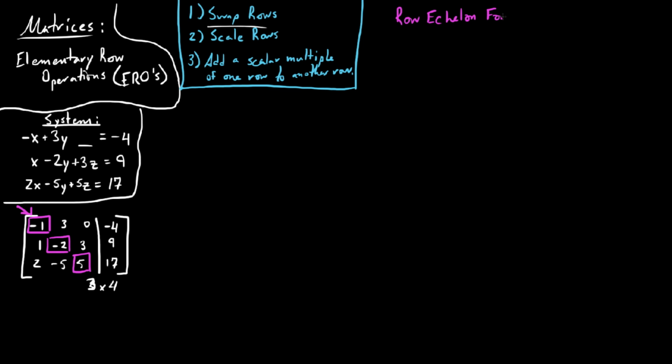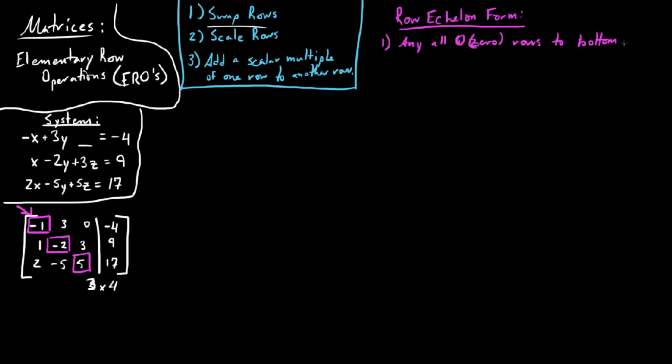And we might as well go ahead and define this slightly. Row echelon form has a couple of stipulations. One is all zero rows go to the bottom. We don't want to deal with them up top.